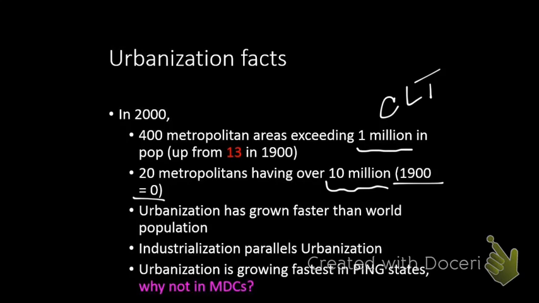Charlotte would be one of those, which is up from just 13 metropolitan statistical areas that were that big 100 years ago. Urbanization has grown faster than our population, and in around 2000, we reached the tipping point where a majority of the people in the world now live in cities versus in rural settings. This is probably a result of the fact that urbanization is occurring at its greatest pace in the LDCs.